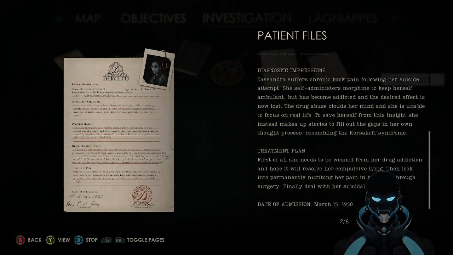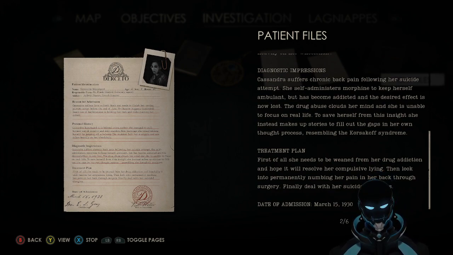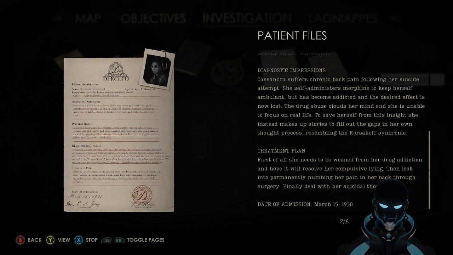And for diagnostic impressions? Cassandra suffers chronic back pain following her suicide attempt. She self-administers morphine to keep herself ambulant, but has become addicted, and the desired effect is now lost. The drug abuse clouds her mind, and she is unable to focus on real life. To save herself from this insight, she instead makes up stories to fill out the gaps in her own thought process, resembling the Korsakoff syndrome.